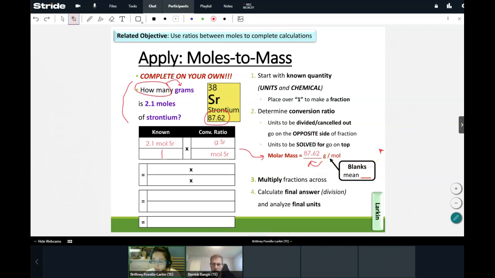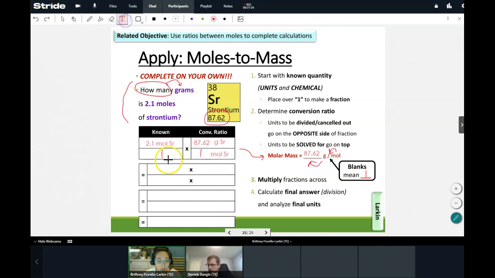Awesome, so 87.62 goes on top. And on the bottom, what number is next to moles? It's a blank. Blanks mean what? Yeah, blanks in our molar mass just mean 1.